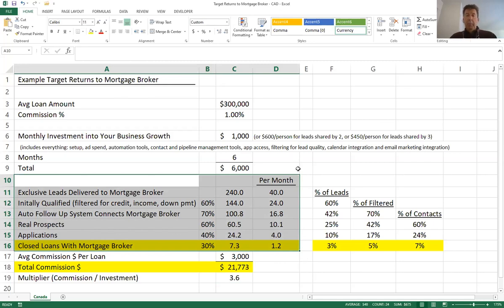It's possible, but given the nature of this being an ongoing funnel activity, really that shouldn't be an initial expectation. I would say for the first 6 months, it would be somewhere in the range of a third of these numbers. Second 6 months would be 2/3 of the numbers. Third 6 months, we're going to be at full force with these and moving forward. And seeing those for you.